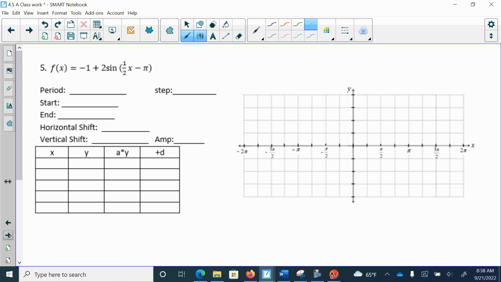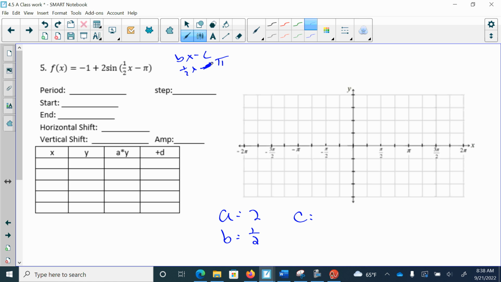So, moving on to the next one. A is equal to 2. B is equal to 1/2. C is, remember, it's bx minus c, so 1/2 x minus a negative pi, so that is just minus pi, whoops, minus pi.